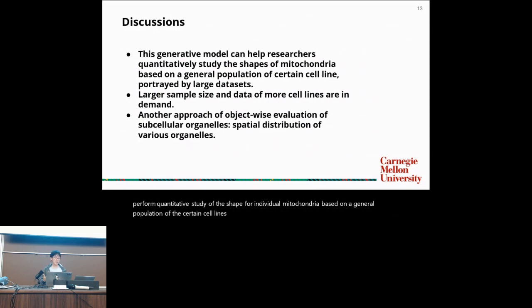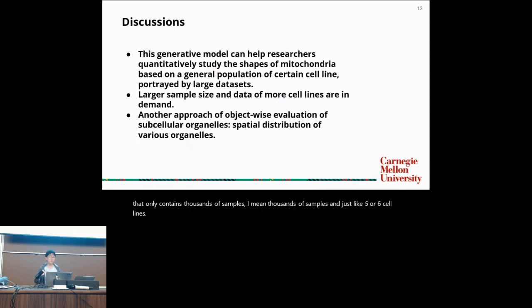However, as I discussed previously, larger sample sizes and data from more cell lines might be in demand, because currently we can only utilize public data sets that contain only thousands of samples and just 5 or 6 cell lines.